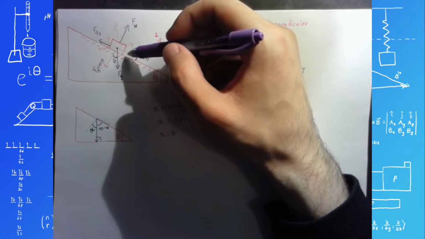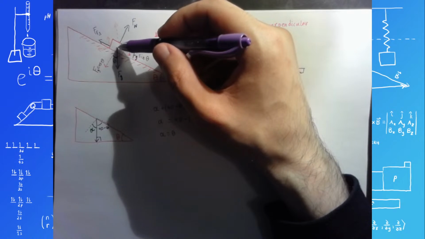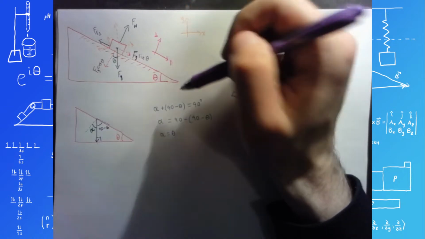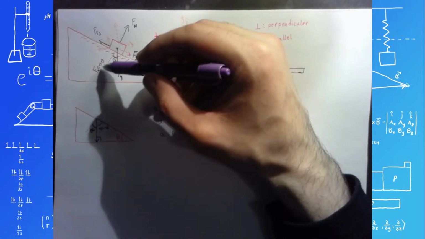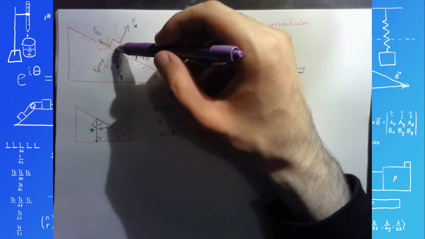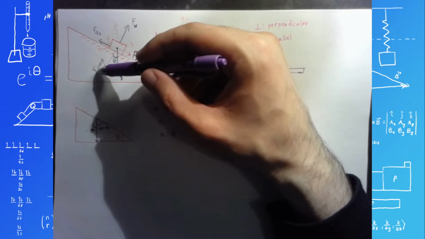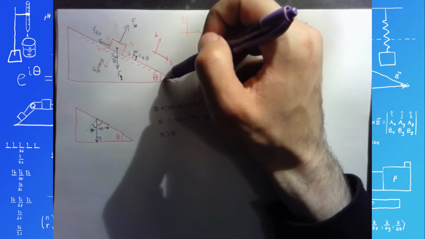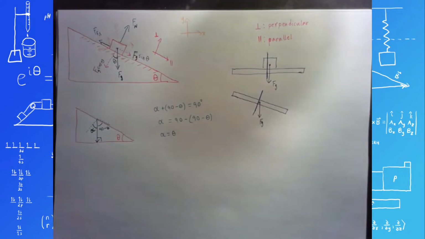The component parallel to the incline is always pointing down the incline, and it's going to be mg sine of this bottom angle, while this component presses into the incline and is equal to mg times cosine of this angle at the bottom.